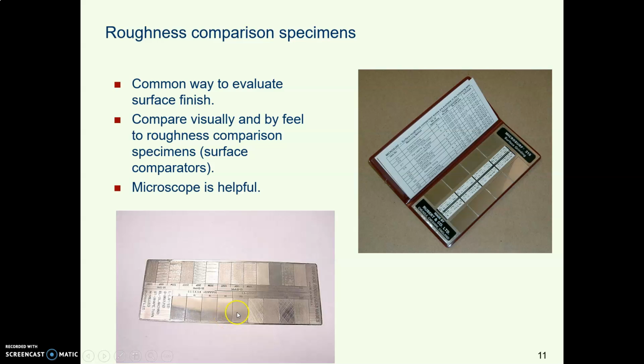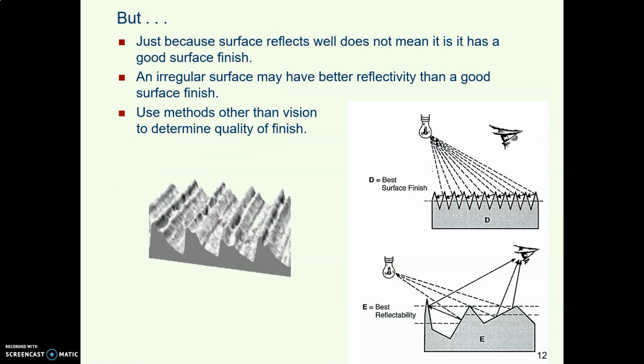This is helpful, and I recommend if you get yourself one of these comparators, you use your fingernail carefully to scratch the surface of the metal rather than relying on your eye, because reflections can be deceptive. So as this illustration points out, this is from a metrology book, you might have a part that's very, very rough and actually get what appears to be the smoothest reflection.